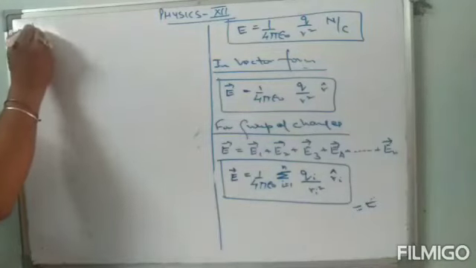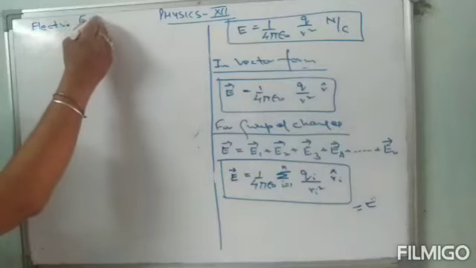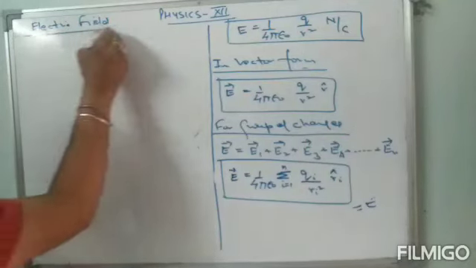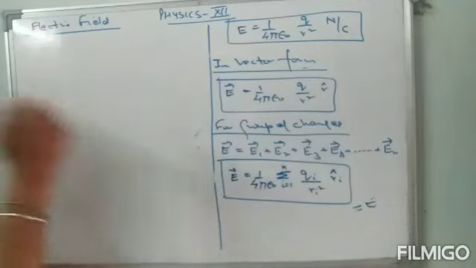Coming on to electric field. Electric field is a space around a charged particle where a charge can experience a force of attraction or repulsion due to the presence of another charge.